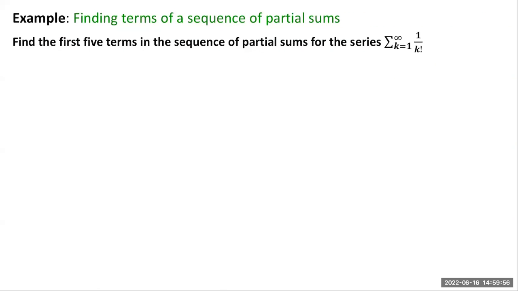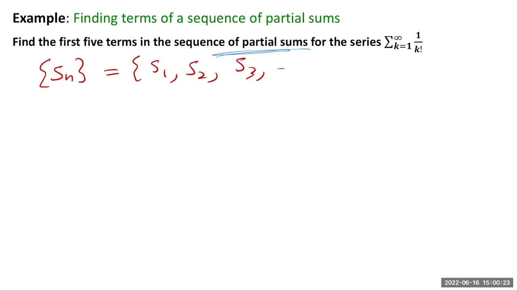Let's go over this example now. Find the first 5 terms in the sequence of partial sums for the series, this given series, okay? We need to find the first 5 terms in the sequence of partial sums. Notice that the sequence of partial sums is nothing but {S_n}, that is S1, S2, S3, and so forth.